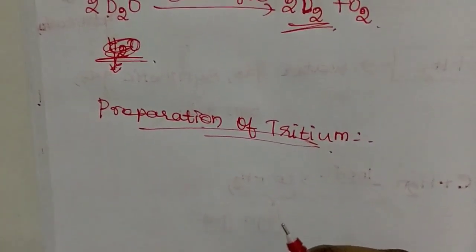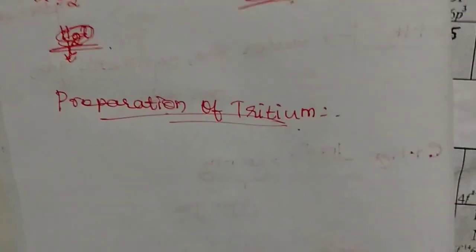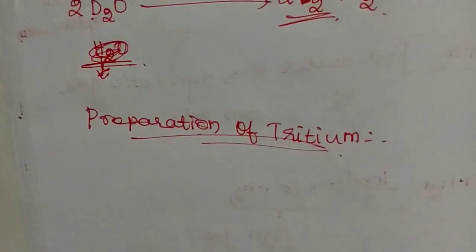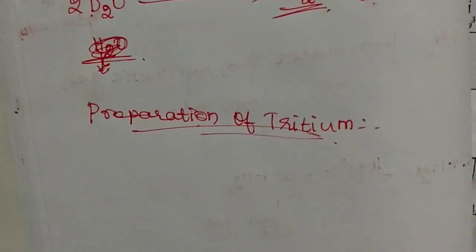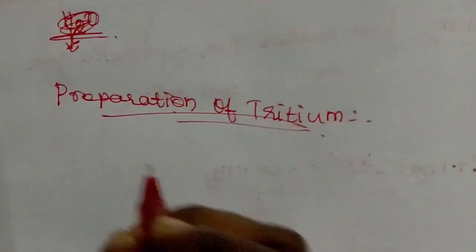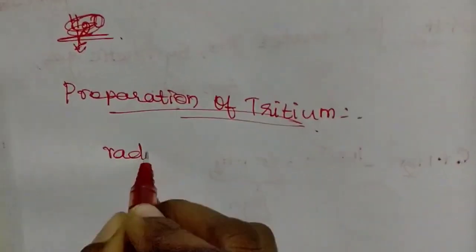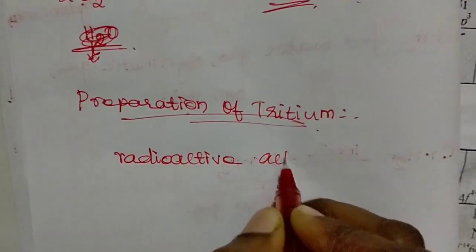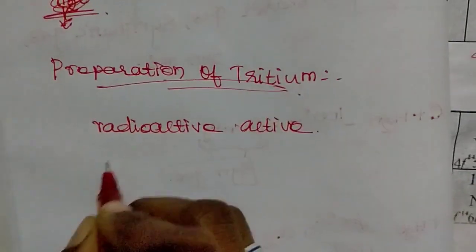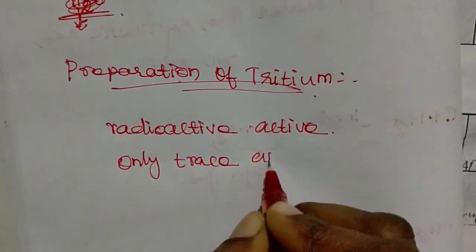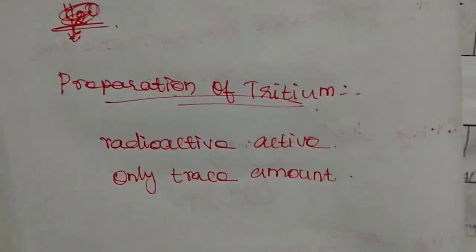So we can prepare this tritium artificially by bombarding lithium with slow moving neutrons in a nuclear fission reaction. Why do we prepare this in a nuclear fission reaction? Because it is a radioactive element, and only a trace amount of tritium occurs.